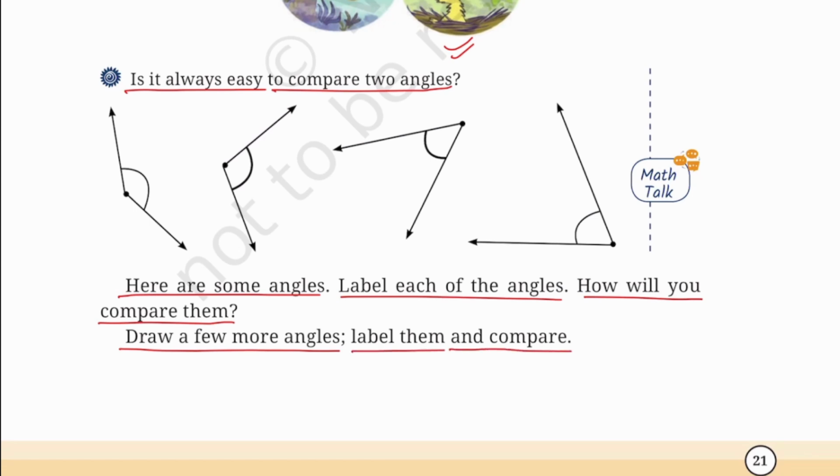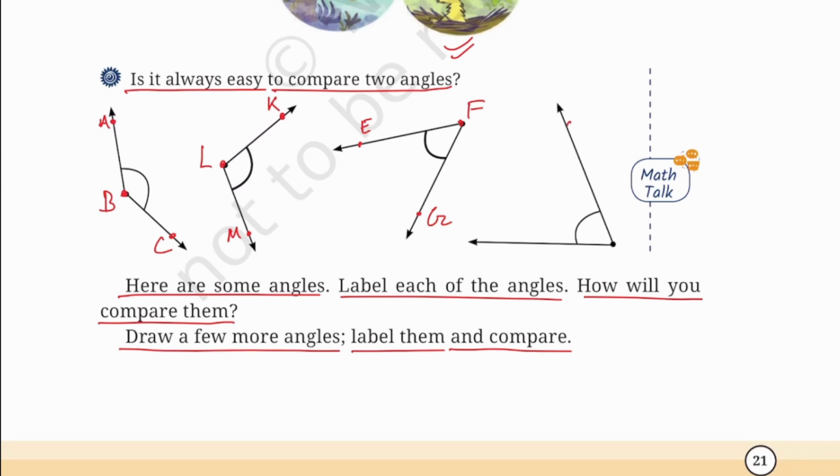For naming the angles, you have to write points on them. For example, you can write A, B, C here. You can write K, L, M here. You can write E, F, G here.